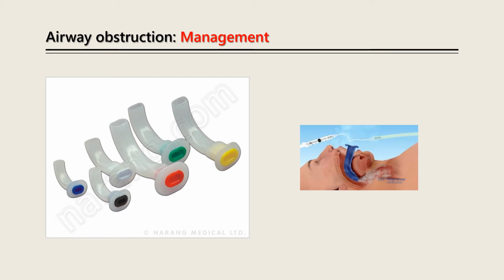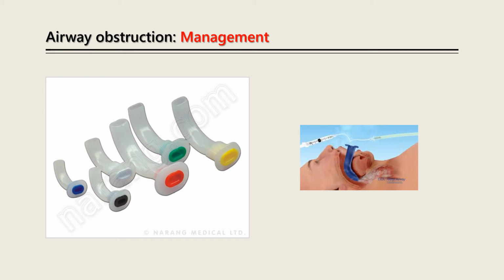We hold it with this concavity upward and then put it above the tongue, and when it couldn't be entered in the mouth, we rotate it 180 degrees and then introduce it in the mouth, and this will maintain the airway open. This is how we maintain the airway open.